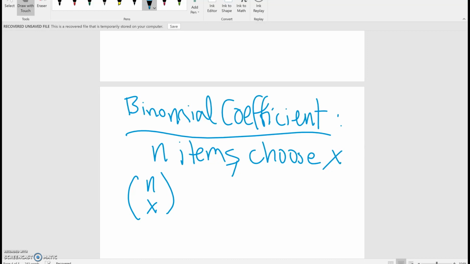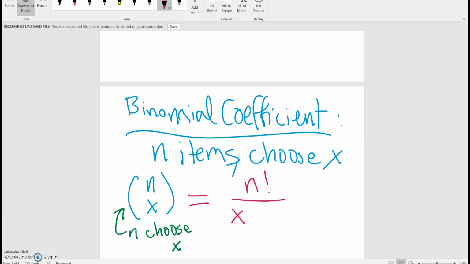And what this is equal to, don't freak out, is n factorial over x factorial times n minus x factorial. That is how we would find this type of combination.